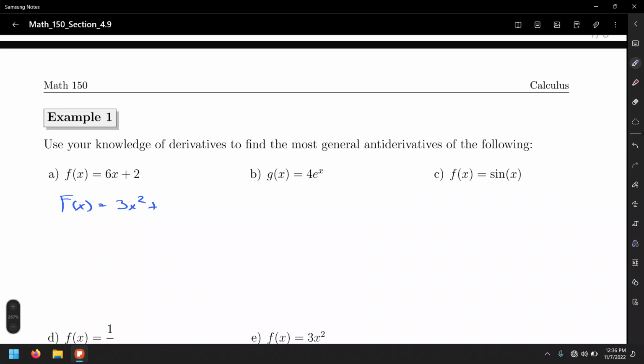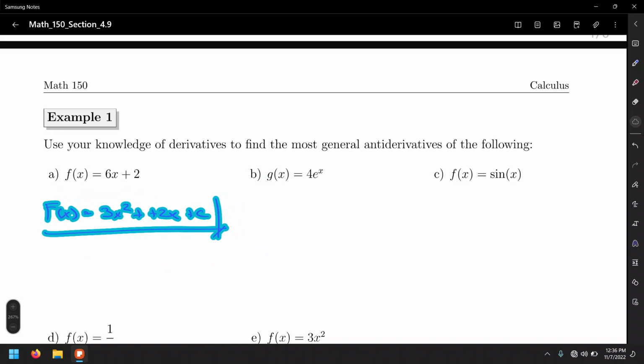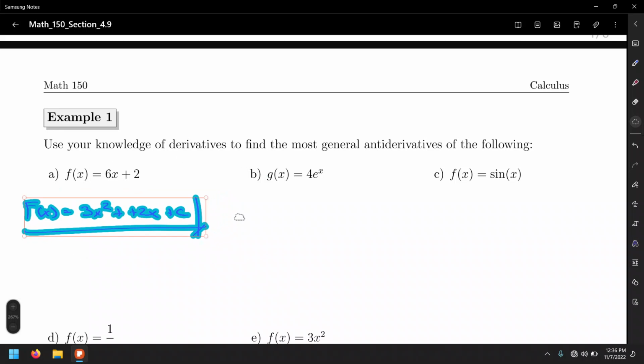What function has a derivative of 2? But since there's infinitely many ways to get this antiderivative, just add a plus c. Why did you have to do the 2x though? Because the derivative of 2x equals 2. Yep. So we're finding the antiderivative for 2 terms this time.